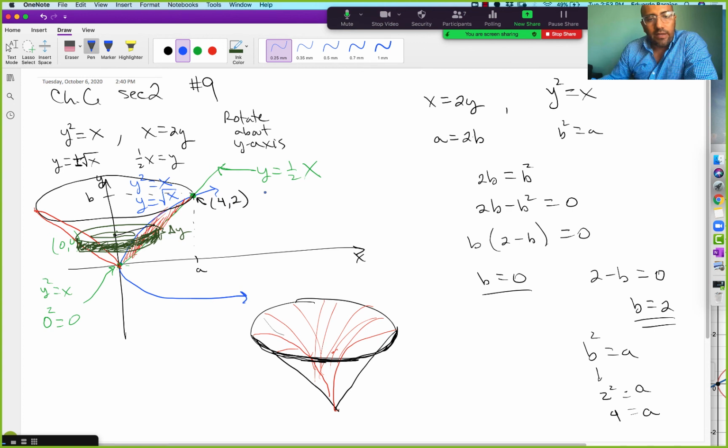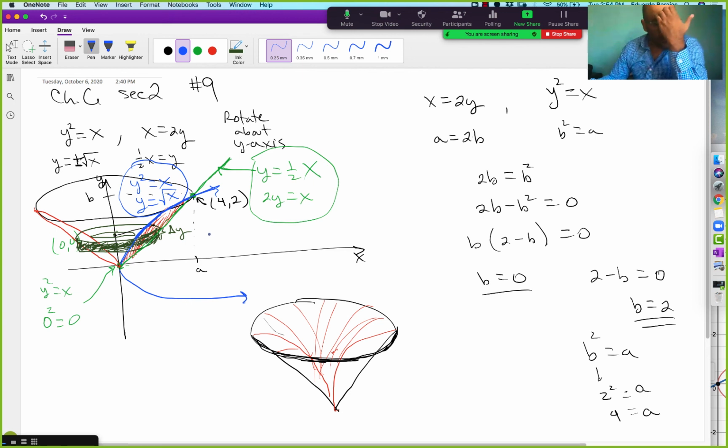Or over here, I can write it in terms of 2y equals x. So both of these are representing the relationship between the values that are on this green line here. And both of these equations are describing the relationship between all the ordered pairs that are on this curvature there.